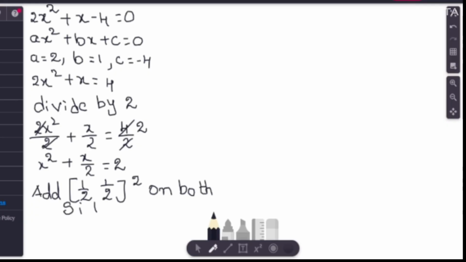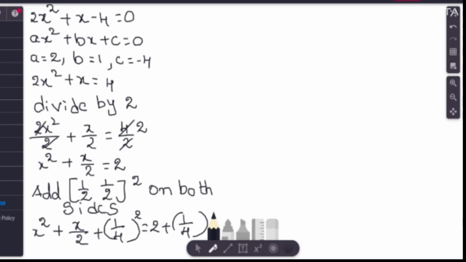Then what we will get here? X square, down I am writing c, x square plus x by 2 plus 1 by 4 whole square, which is equal to 2 plus 1 by 4 whole square. We have to add both sides.